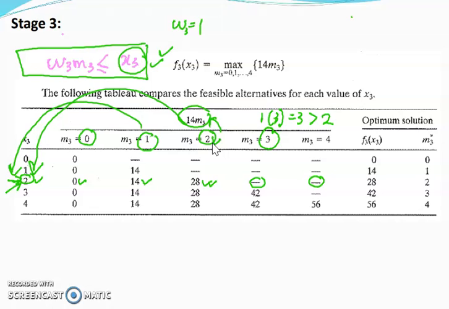If we choose the number of units equal to 3, 3 times 1 is already 3, which exceeds the total weight that we allocate. So first, for this table, you should find all these infeasible solutions first, and then exclude them from the calculation.